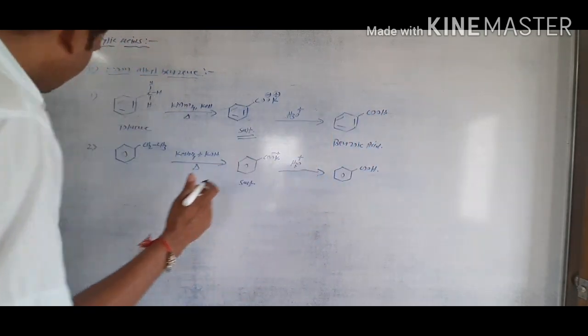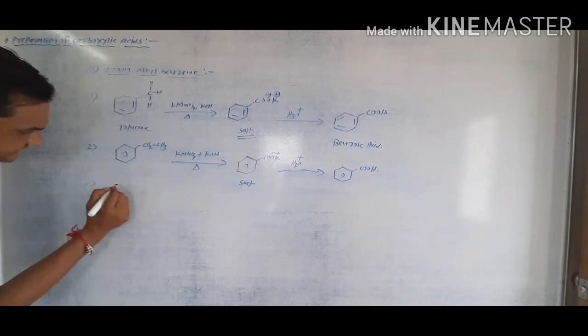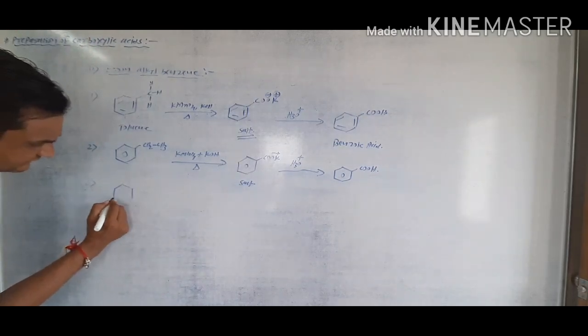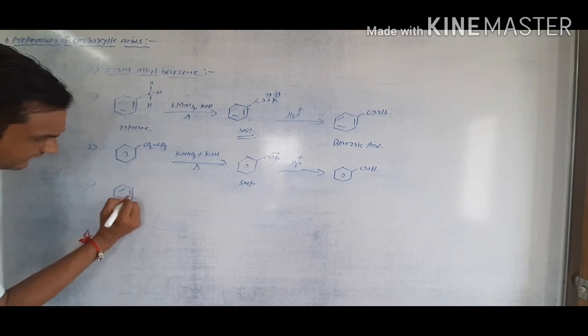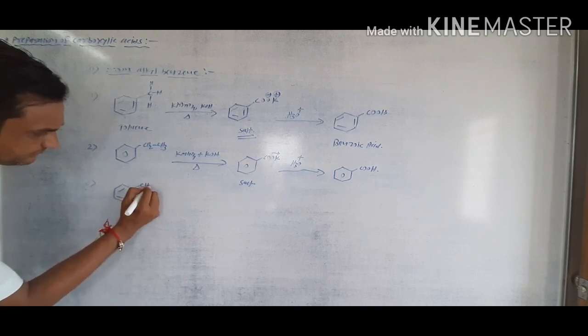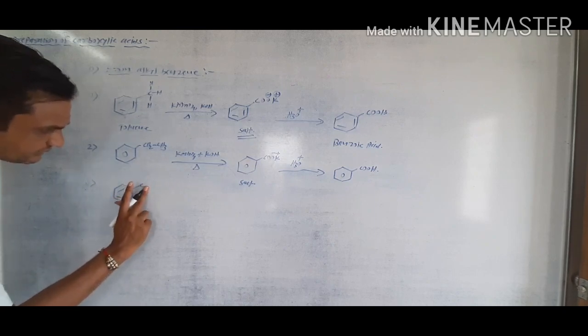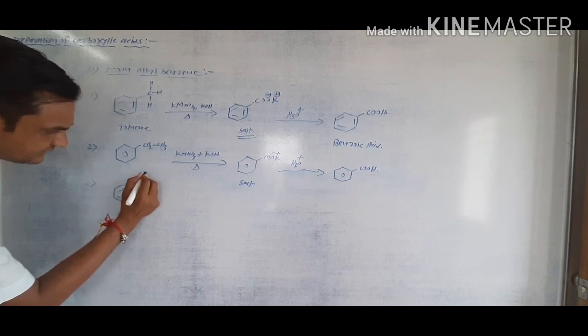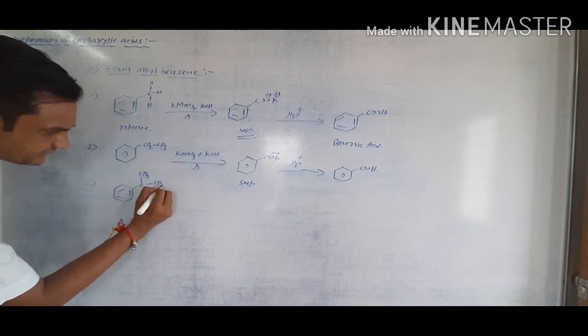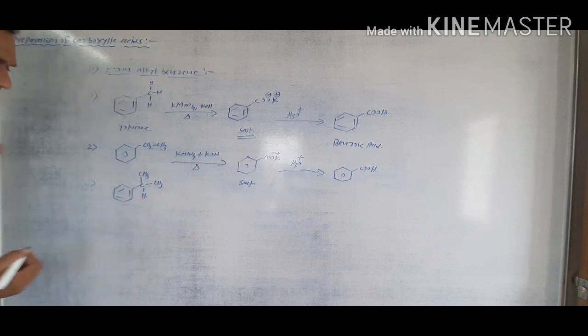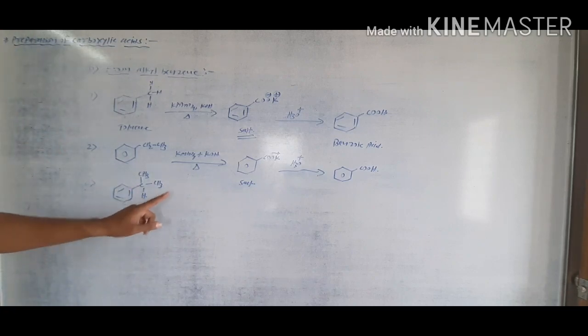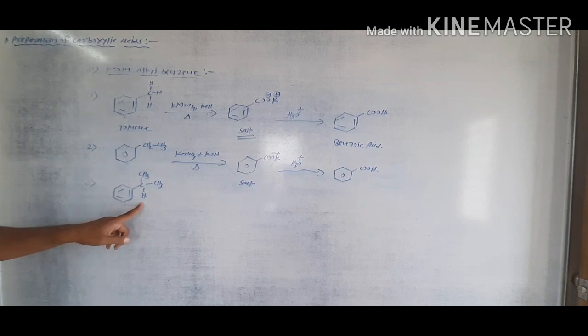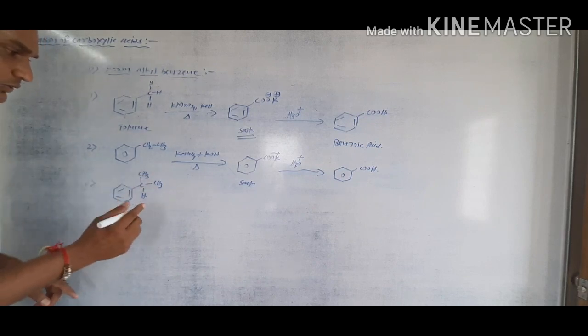Another type, the third type, is suppose that a secondary alkyl group is attached to the benzene ring. Suppose CH3, CH3, here it is the secondary alkyl group. The carbon atom attached to one hydrogen is the secondary alkyl group.